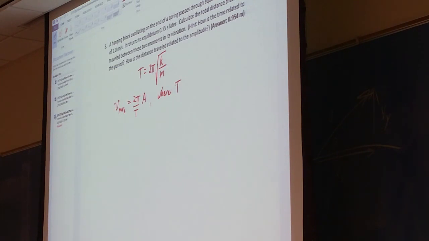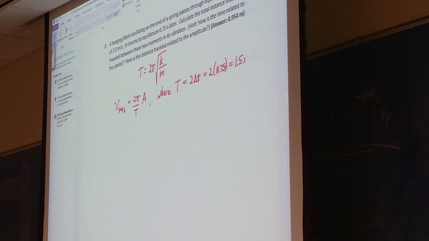What fraction of a total period is that? Okay, right, that's 1/2 of a total period. So the period is simply twice that time interval that's given, which is 2 times 0.75, which is just 1.5 seconds. So we know the period, and we need to find the amplitude.